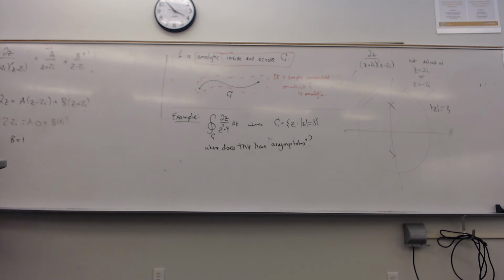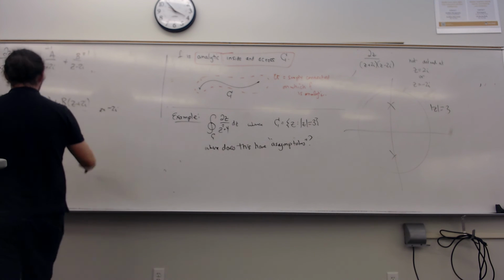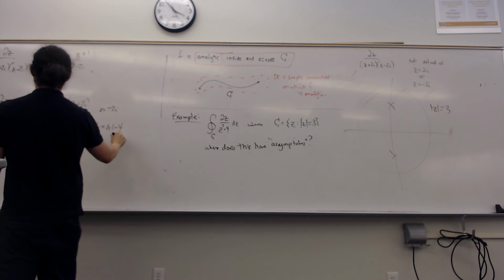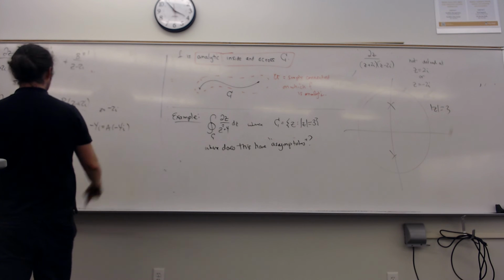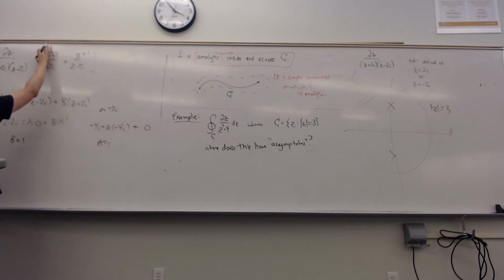And if you choose to plug in minus 2i, then you get out minus 4i is equal to a times minus 4i plus 0, so a is equal to 1? Okay, fair enough.